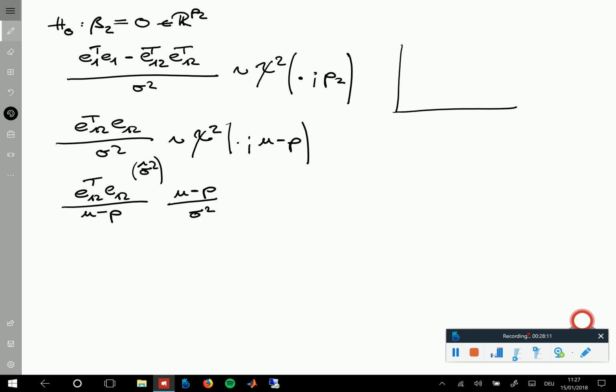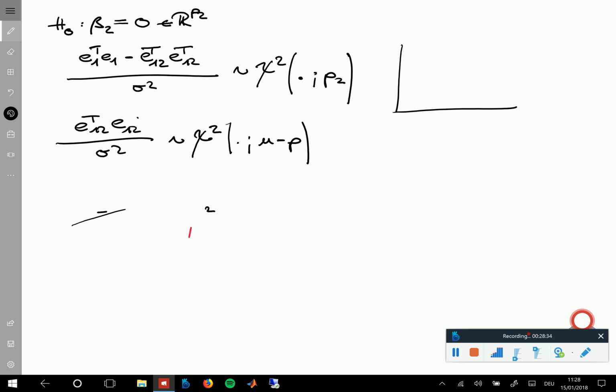And now, of course, this thing here is just this. So we've seen essentially the chi-square distribution of that before.